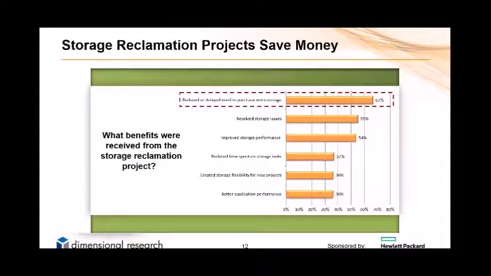Of those respondents, we also asked if they had completed a storage reclamation project in their environments, and of those who had, 2/3 responded that the major benefit of the reclamation project was reduced or delayed need to purchase additional storage. So the overwhelming results in this poll showed that customers were really interested in capacity reclamation, understanding when they would be running out of storage, and being able to delay or reduce the need for additional storage purchases.